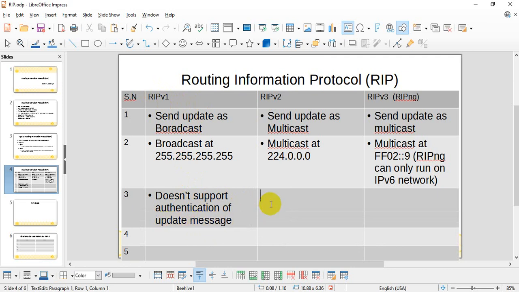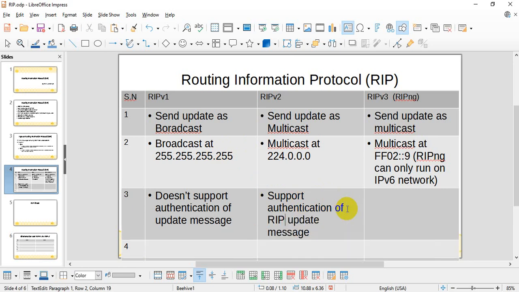In RIP version 2, it supports authentication of update messages.